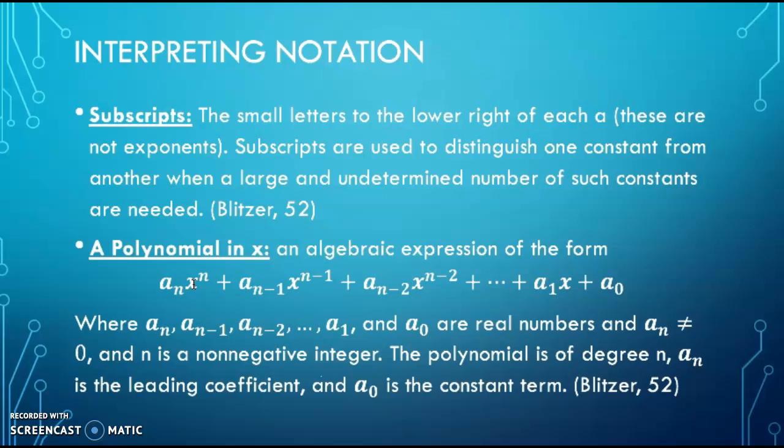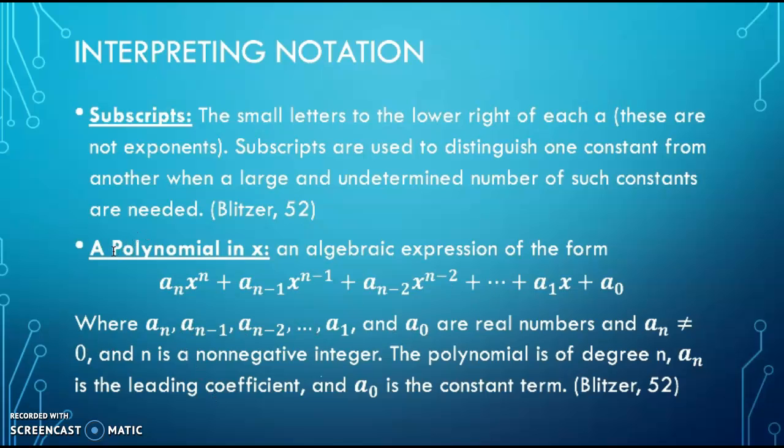So the n is the exponent. You can think about it as the nth term in this polynomial, not including this last constant term. Okay, so subscripts are just used to distinguish one constant and one coefficient from another when we have many of them and we don't know exactly how many of them we will have.